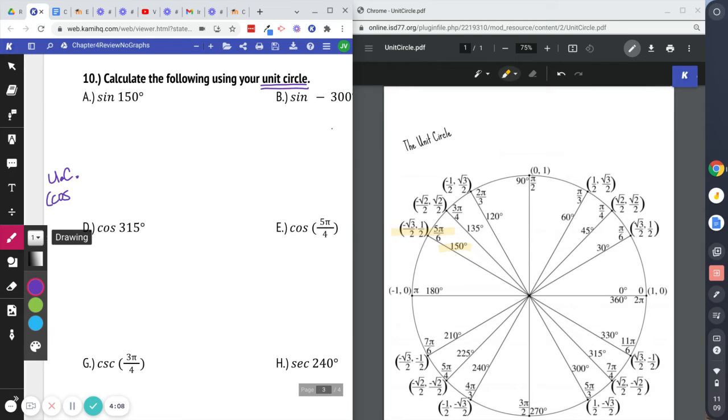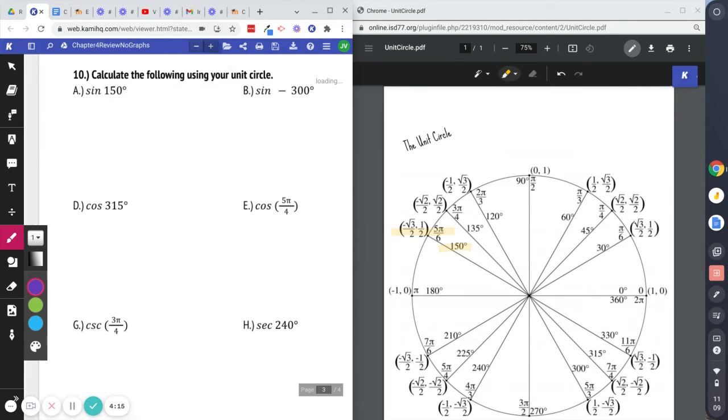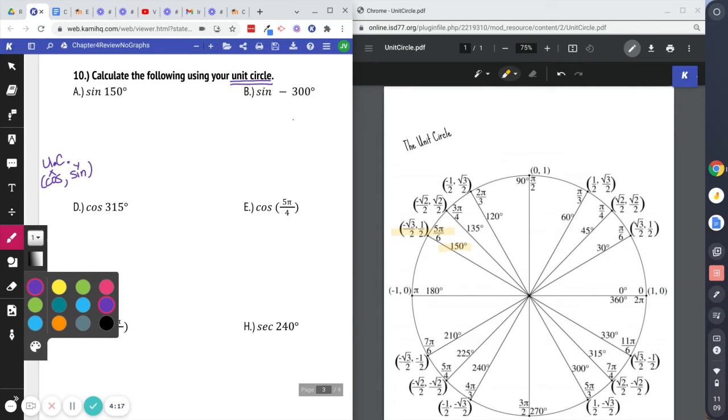Cosine is our x, sine is our y. So sine 150, that's the y value that I care about, so I need 1/2.